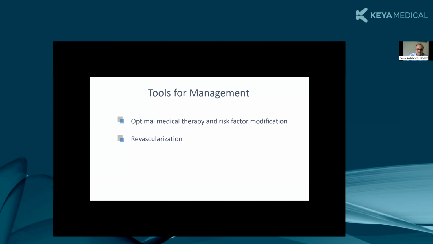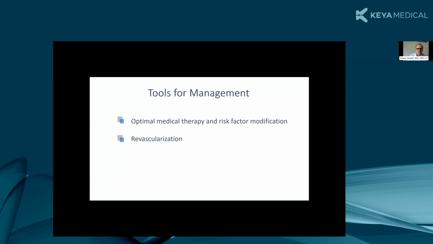So there's a potential that we can have a more granular assessment and therefore more tailored therapy for patients. But we're not quite there yet. And the other question is whether we can identify patients who would benefit from revascularization, using some of these tools.